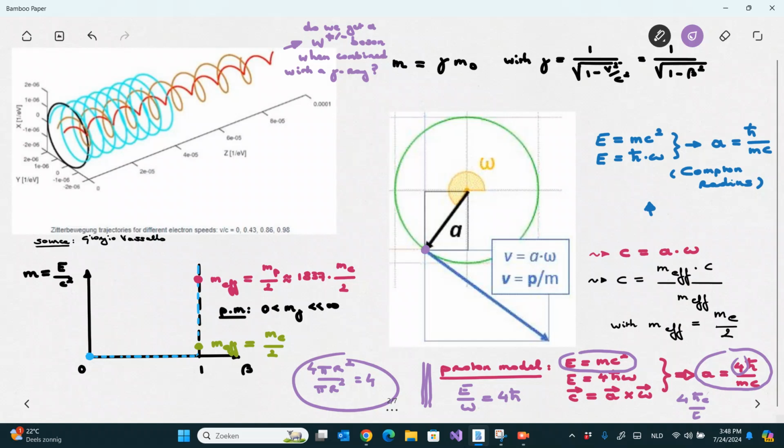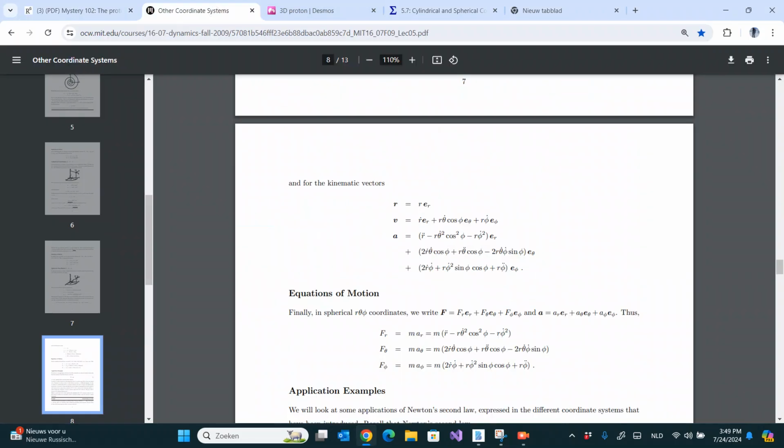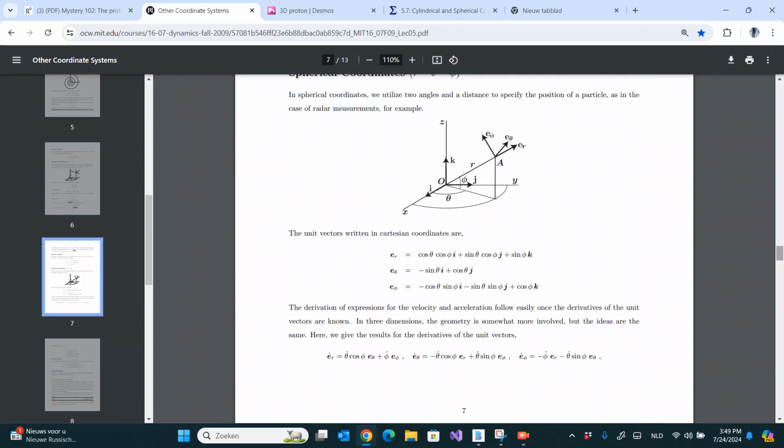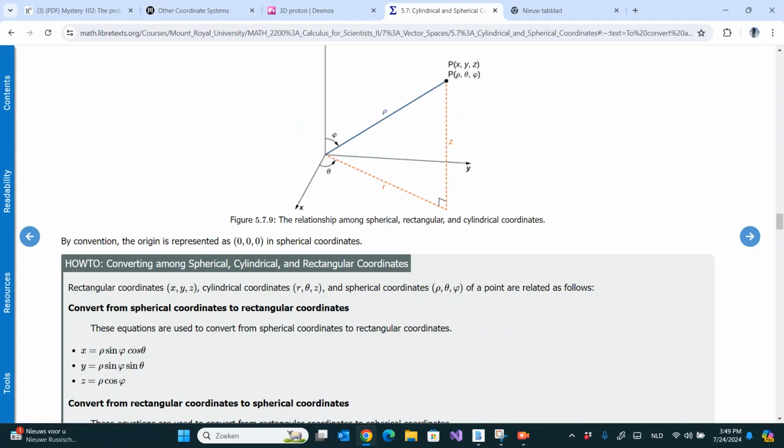And that's a problem I want to leave with you, that people say like, look, that should be quite easy. There's lots of very good material. This is from MIT OpenCourseWare, where they give you acceleration vectors, velocity vectors, and whatnot, based on a spherical coordinate system, where you express the position of a point in terms of a distance from the center, the origin, and the 2 azimuthal and polar angles.